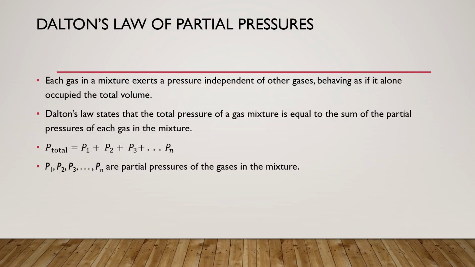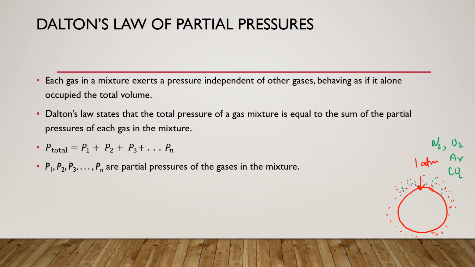In the definition of atmospheric pressure, we learned that the pressure exerted by the atmosphere around the planet Earth is 1 atm. Now we know that the atmosphere around planet Earth consists of multiple gases. It is made up of nitrogen, oxygen, argon, carbon dioxide, and many other gases.